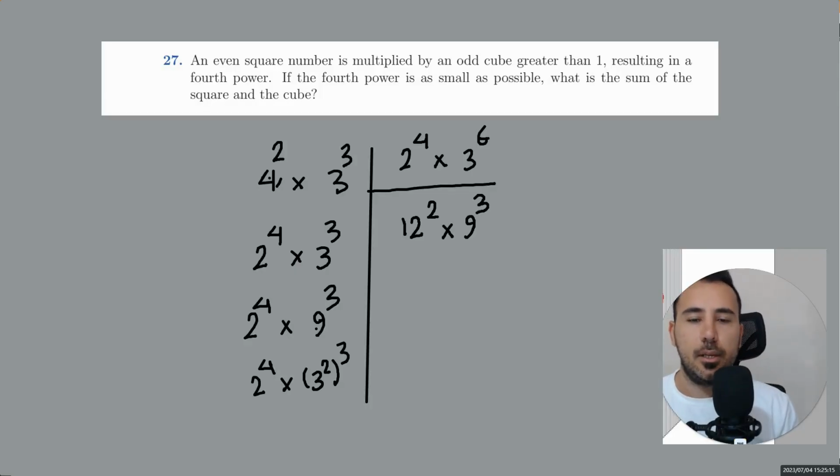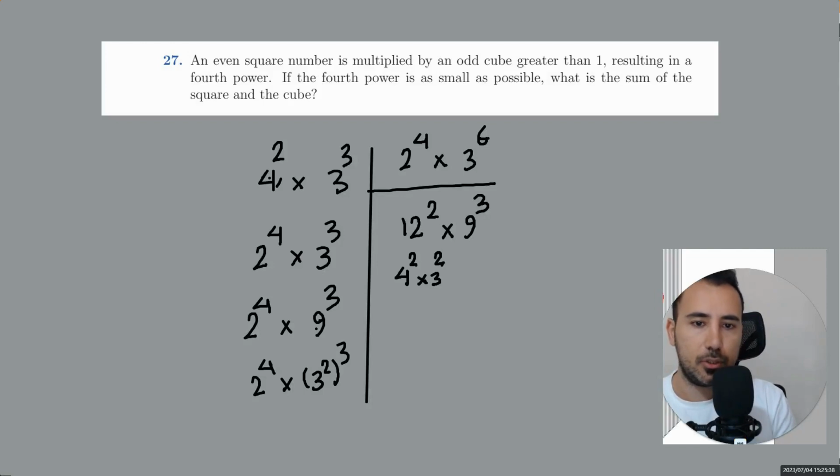As you see now, let's see if this is the right answer, if we could write it as a fourth power. 12 to the second power is the same as 4 to the power of 2 multiplied by 3 squared. This one, we showed it here.